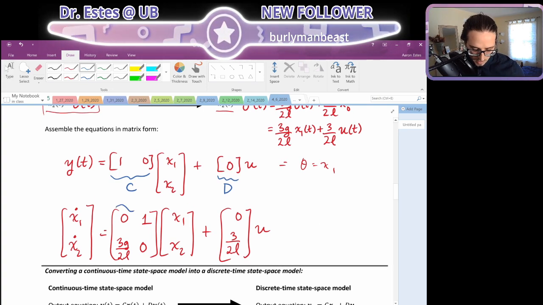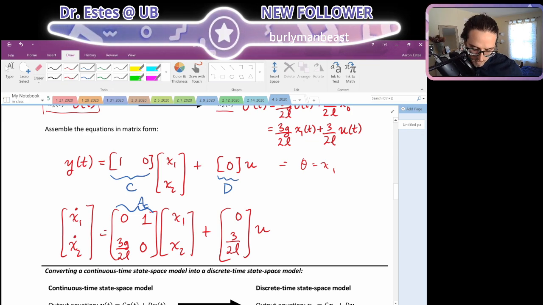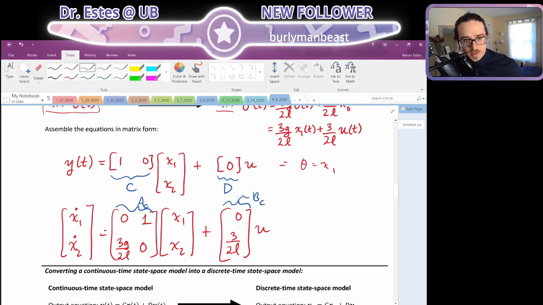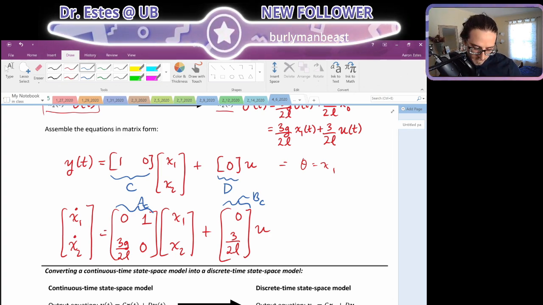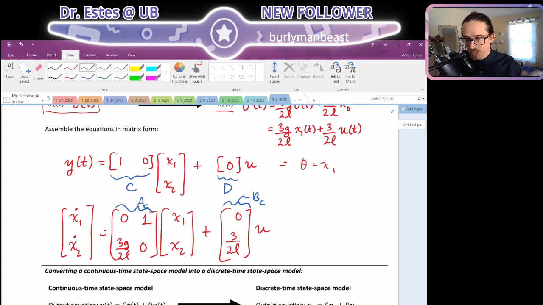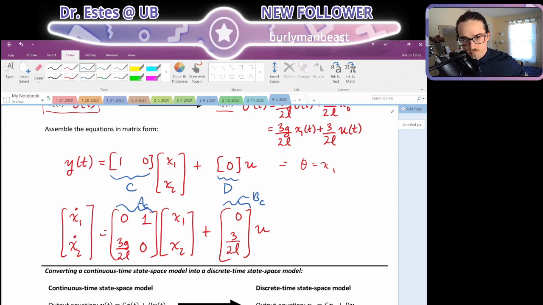So this right here is A, and I say A sub c for continuous. And this is B sub c for continuous. So just like that, this is our continuous time state space model.